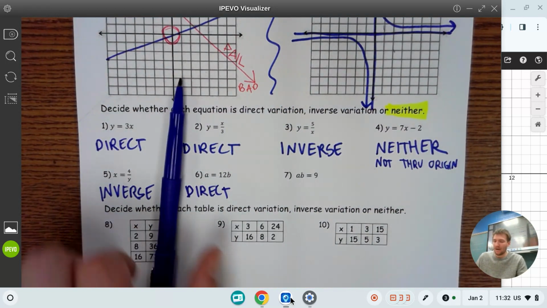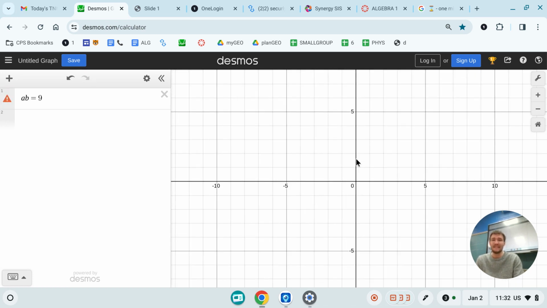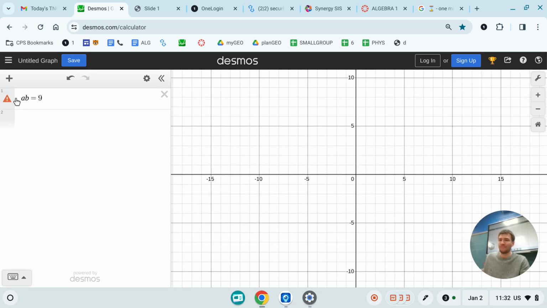Now, what about 7? 7 says AB equals 9. And I heard it doesn't graph it, and I agree with you. I don't see the graph. If I look over here on Desmos, it gives me a yellow triangle. That's a warning. And it clearly says we only support implicit equations of x and y.